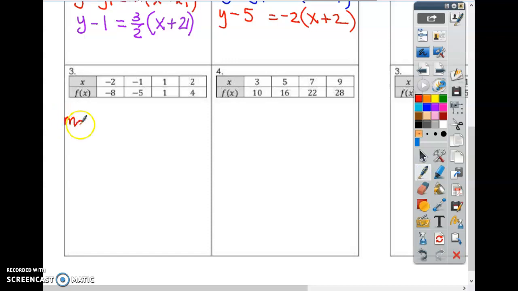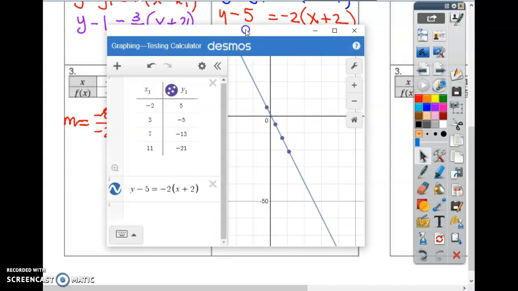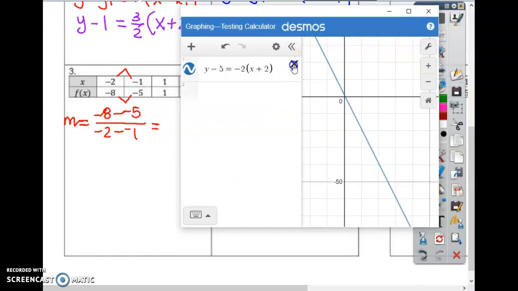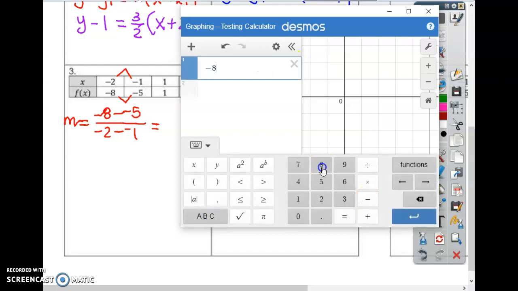M equals, the slope equals, subtract the y's, negative 8 minus negative 5, subtract the x's, negative 2 minus negative 1, negative 8 minus negative 5, enter.